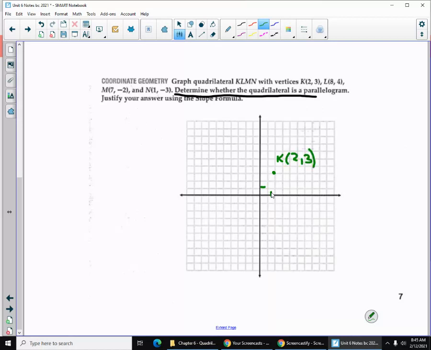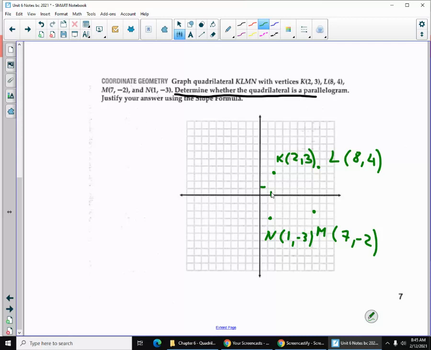You also have L (8, 4). M is (7, -2), and N is (1, -3).